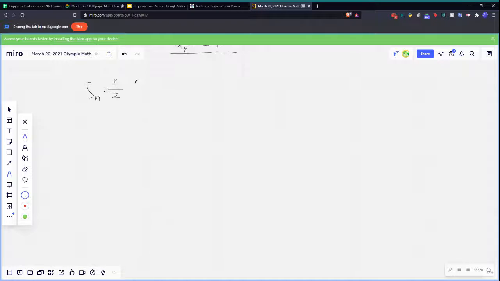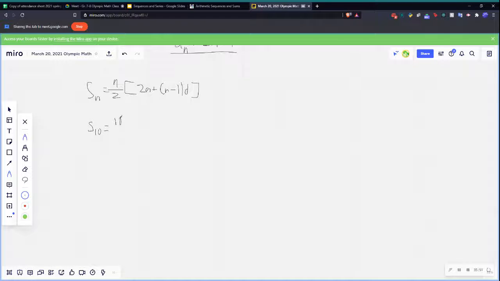So this is n over 2 times, I'm going to write square brackets because there are brackets inside that, 2a plus n minus 1 times d. And yeah, that's the formula. So we want S of 10.